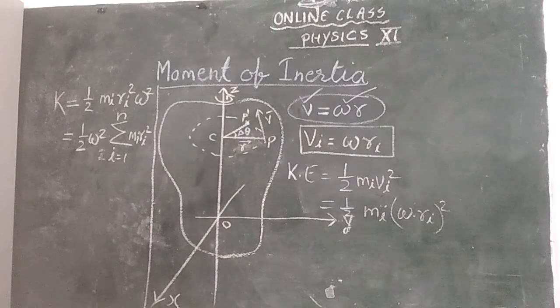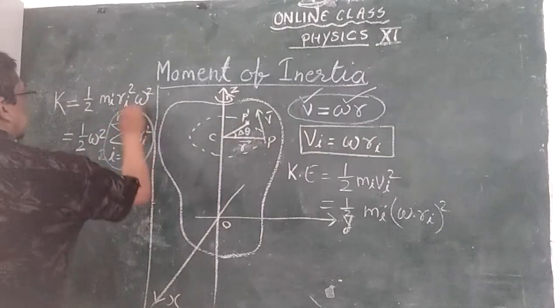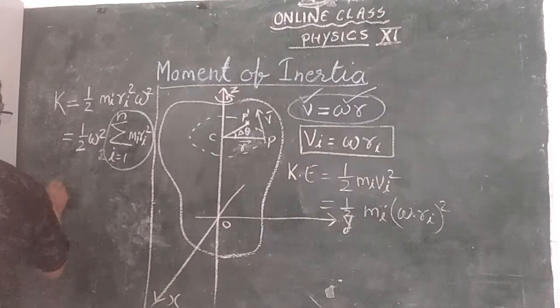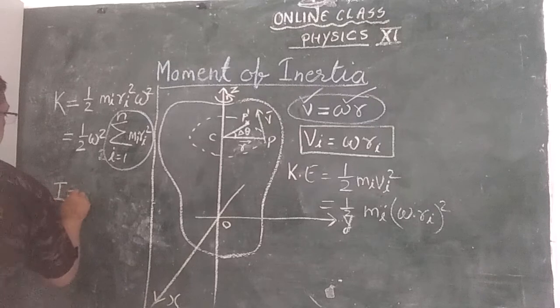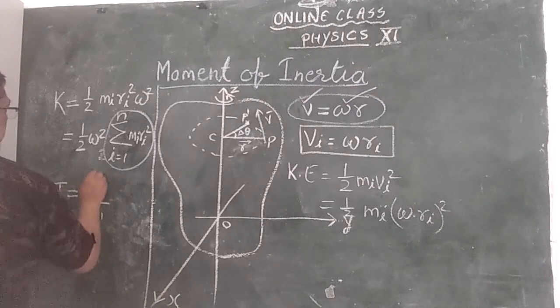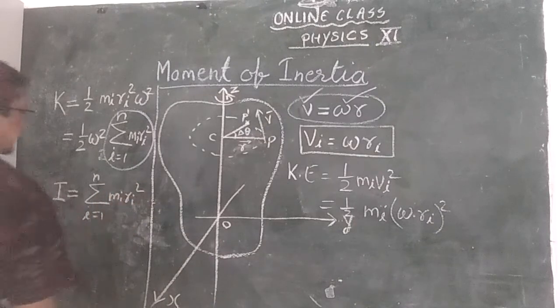So you can see here, this is a new parameter showing here. I am circling this one. This new parameter, which I am writing here separately, is known as moment of inertia, I is equal to sigma i equal to 1 to n mi ri square.